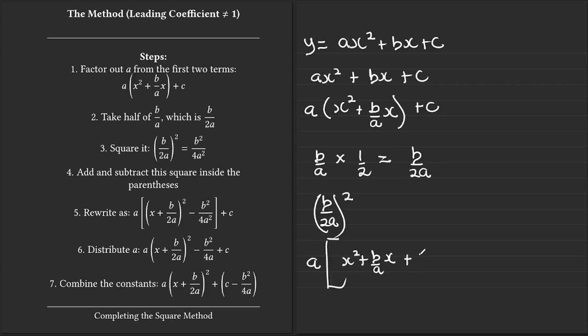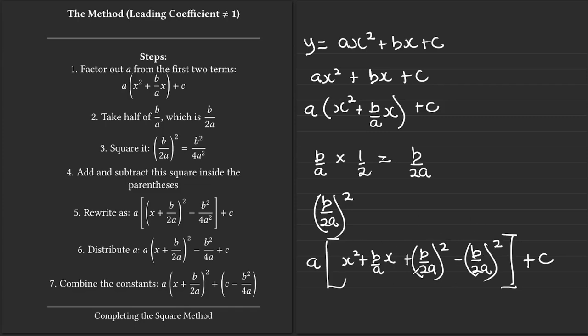We have plus b over 2a, that is squared, then minus b over 2a, that is also squared. We are done with what we have in the bracket, then plus c. We have not changed anything because we have added and subtracted the same thing. They can easily go up to give us what we have here once again.